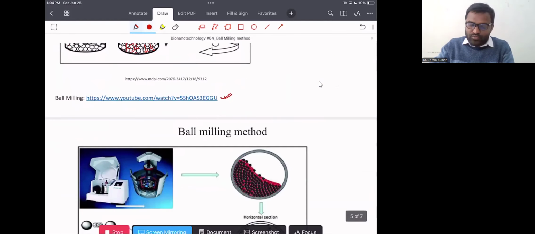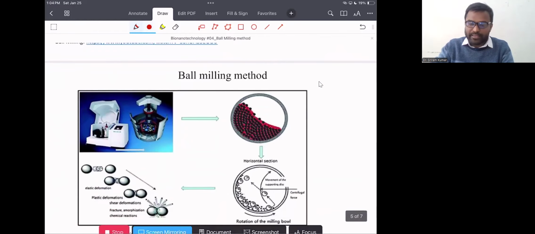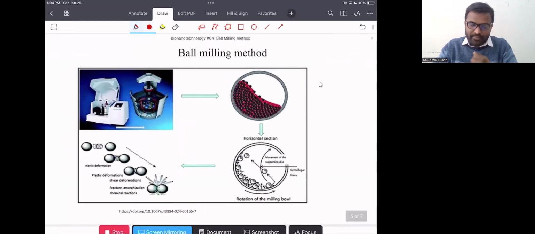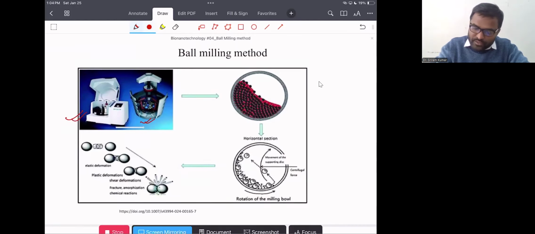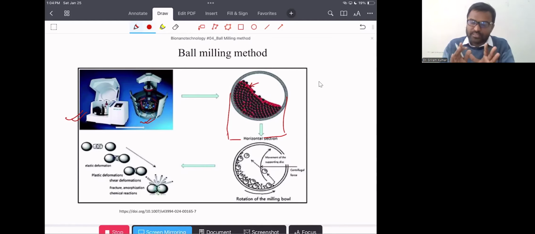Now let's understand what is happening in this ball milling method. In ball milling, you have this kind of device or stage in which you put your container and the balls. So this is the container, and in that container you have it filled with these. These are the balls, and this red one is the other kind of material.